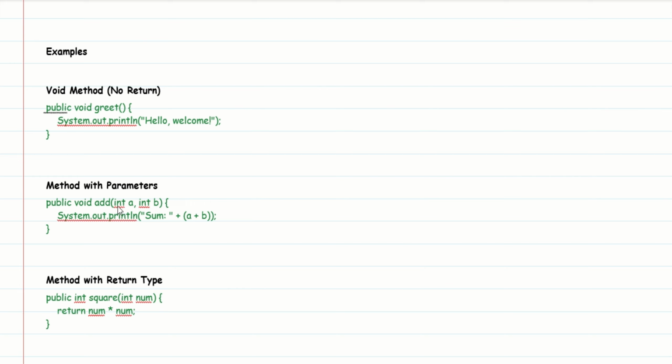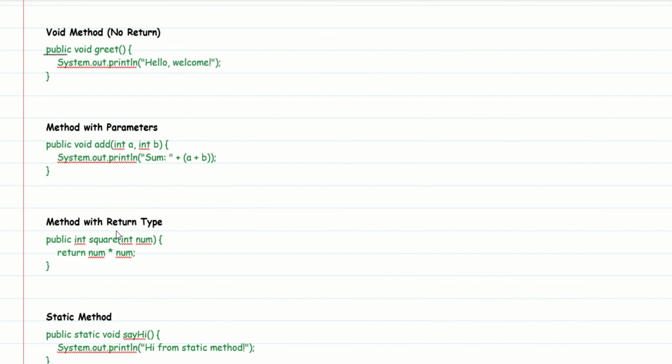You can again have any data types or objects. Again, this is a public method which can be used anywhere in your program. Within the method, I'm just adding two passed integers and printing the sum of the two values.